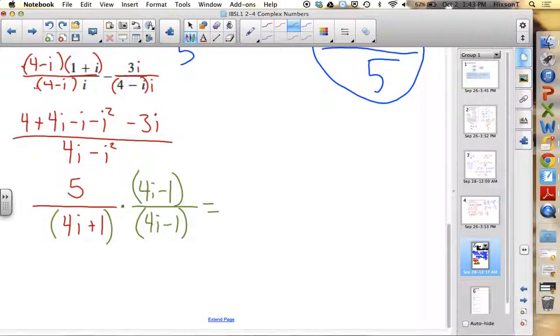So, our final answer, 20i minus 5 over, what do we get for our denominator? 4i squared. Wait, I'm sorry, you were right.